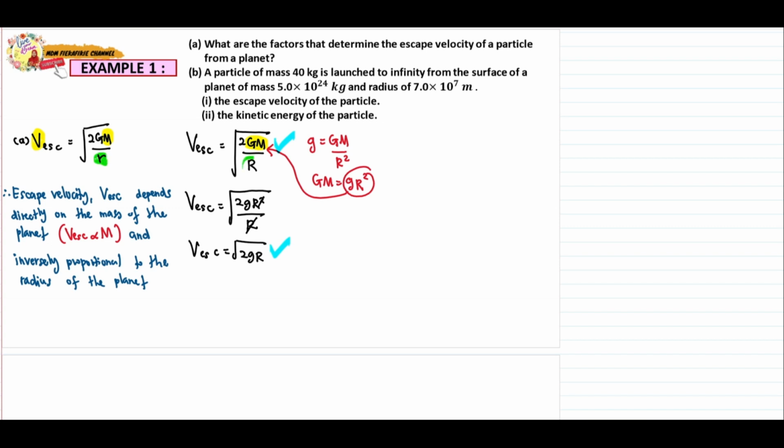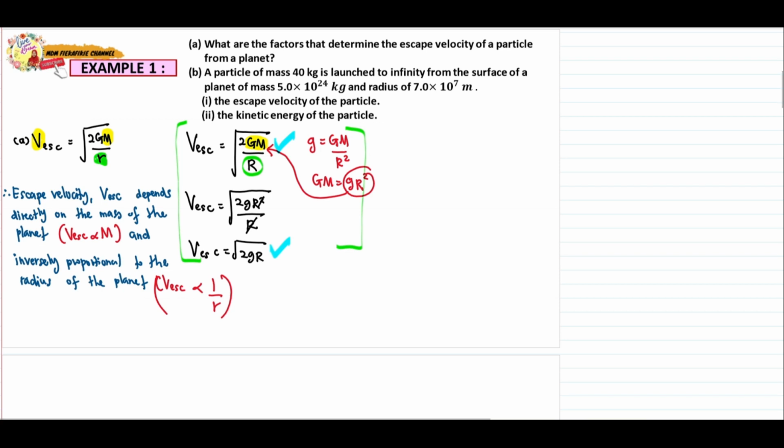Okay, kat sini saya guna capital R just for the radius of the earth. Okay, so ini saya just tulis sajalah, ini untuk case on the earth. Okay, sebab kita dah biasa guna the radius of the earth is capital R. So here you can write V escape is inversely proportional with 1 over R. So itu jawapan untuk A.